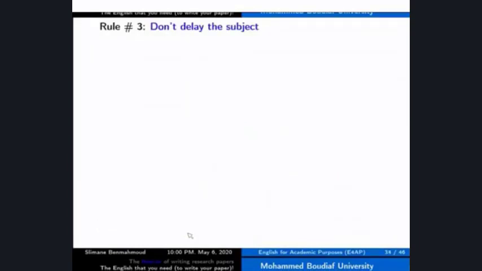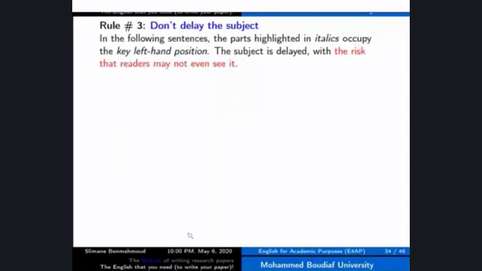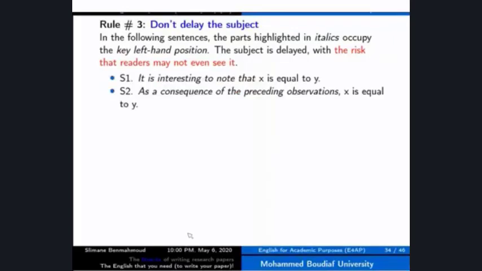Well, rule number 3, don't delay the subject. In the following sentences, the part highlighted in italic occupies the key left-hand position, which is the position of the subject itself. The subject is delayed with the risk that readers may not even see it. Okay, sentence number 1. It is interesting to note that x is equal to y.